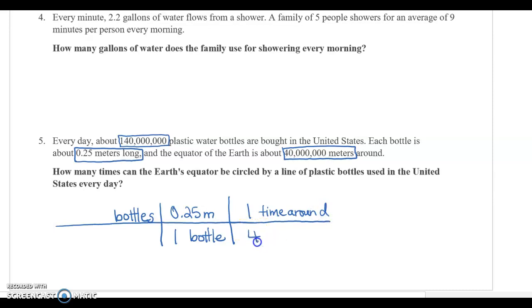I'm going to put that down here, 40. Then I'm going to simplify.